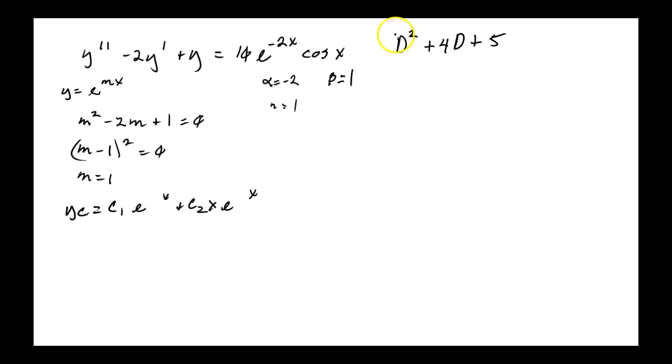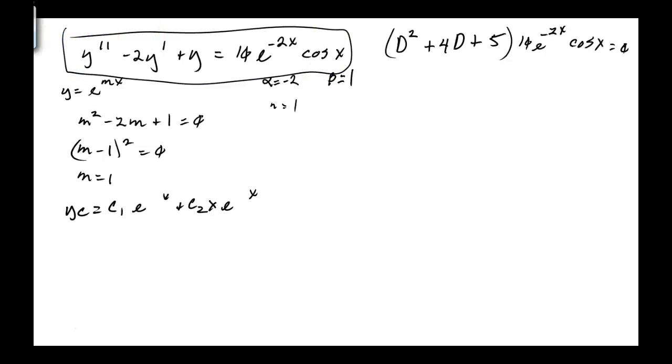So this thing here, operating on 10 e to the minus 2x cosine x, should give us 0. So let's apply that operator to the entire differential equation that we have here.